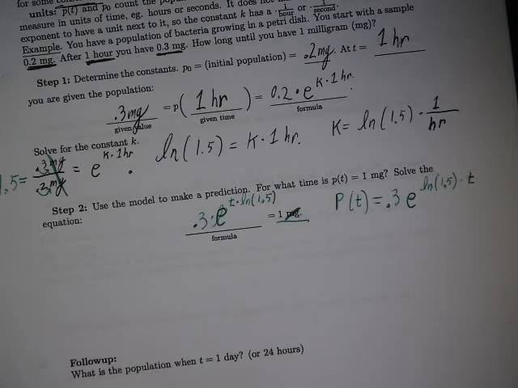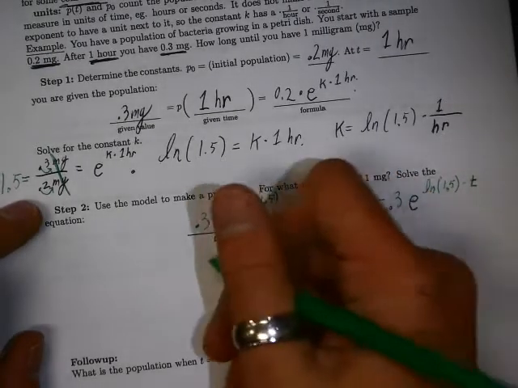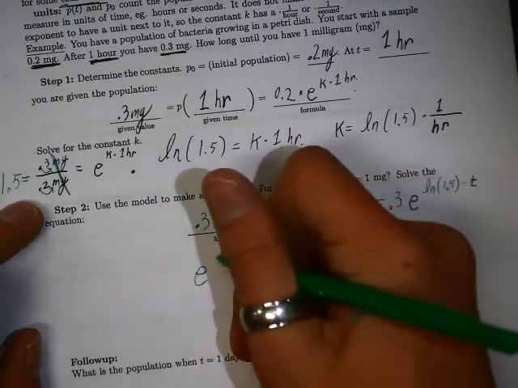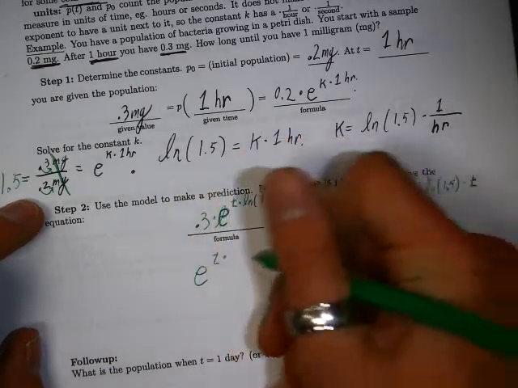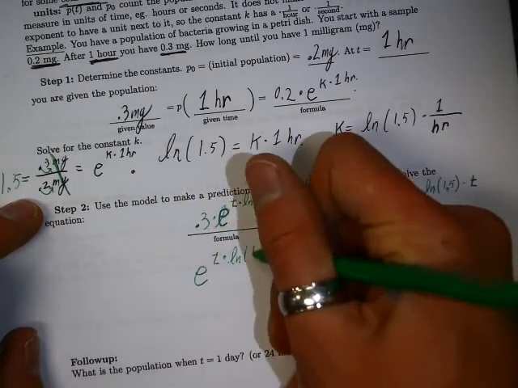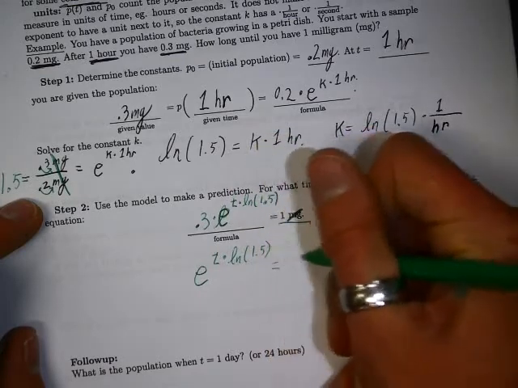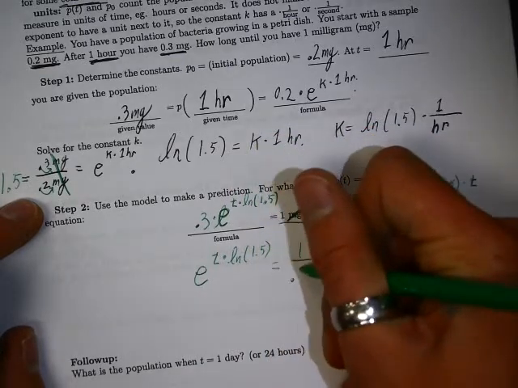So let's try to solve that. What seems like a good first thing to do to solve this equation? Divide by 0.3. Division by 0.3 seems good. That'll give us e to the t times ln 1.5 is equal to 1 over 0.3.